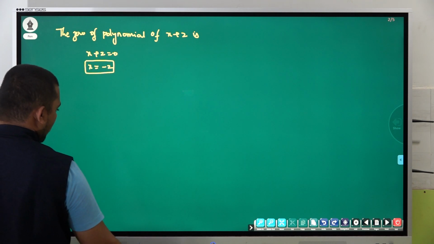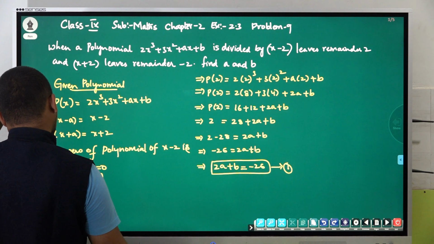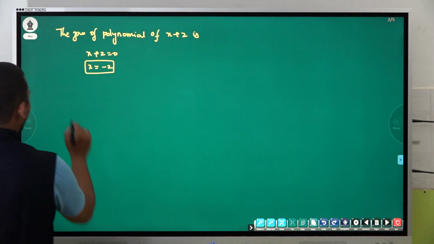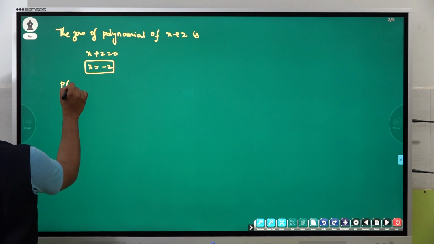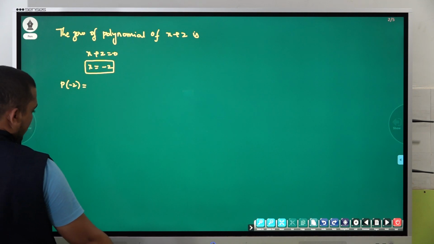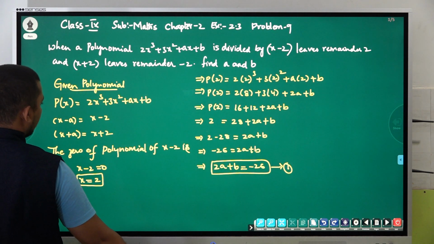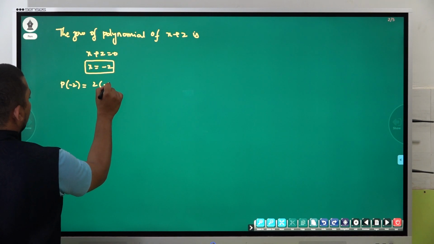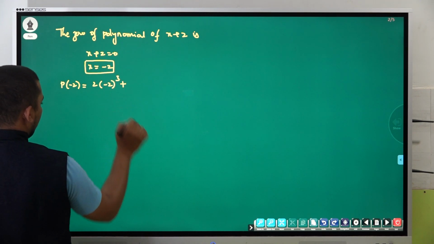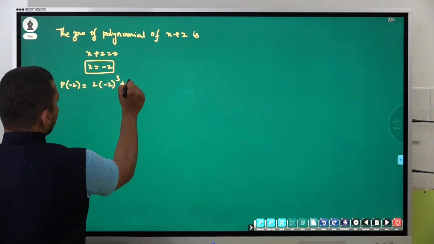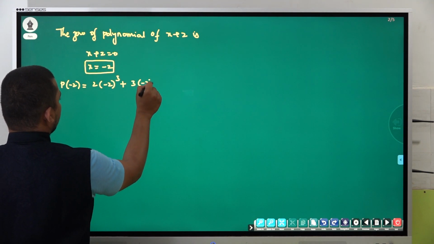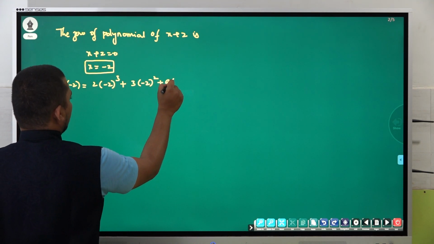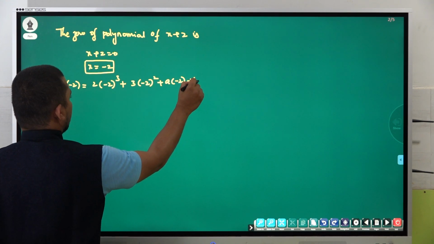Okay, now replace minus 2 in the place of x in the given polynomial. P of minus 2 is equals to 2 into minus 2 whole cube plus 3 into minus 2 whole square plus a into minus 2 plus b.